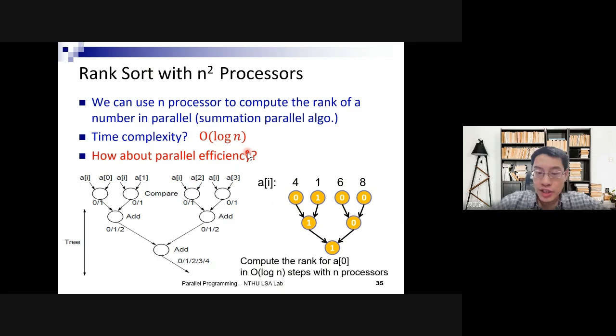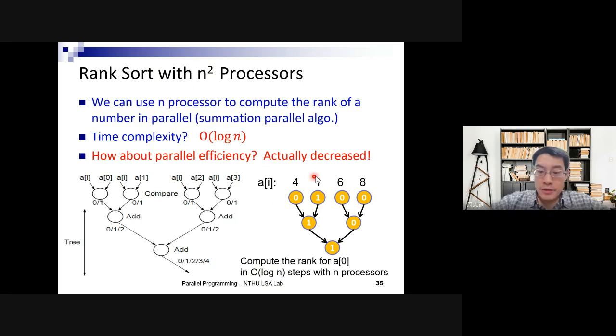However, of course, the penalty is your efficiency actually will be reduced, because the total cost should be n squared multiplied by O(log n). So this is actually worse than the bitonic merge sort we introduced.